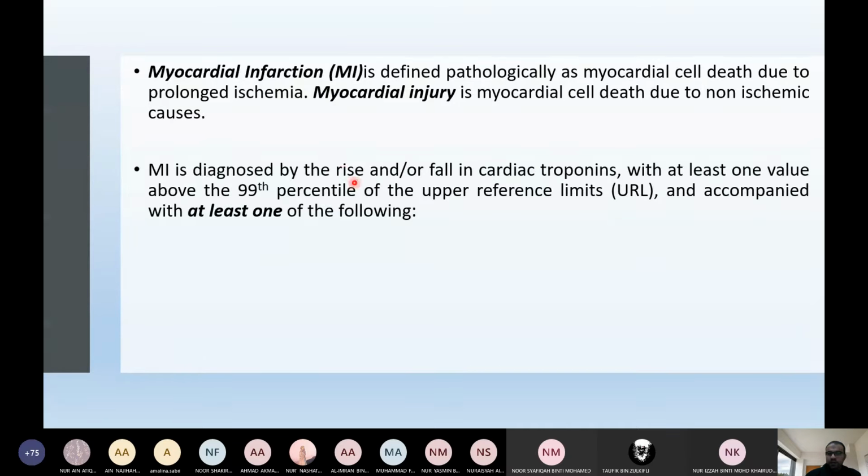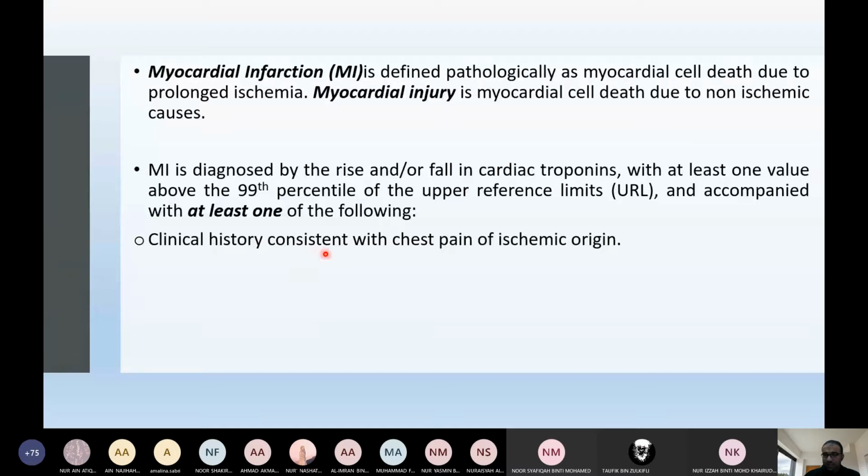For MI to take place, we have certain features. The first one is the clinical scenario, which will be consistent with chest pain of ischemic origin, which is maybe the main clinical presentation of ischemic heart disease.